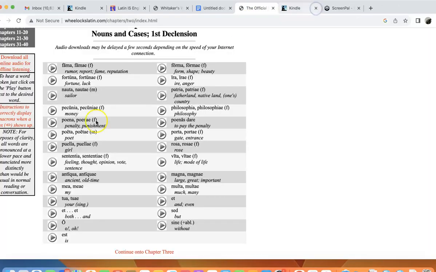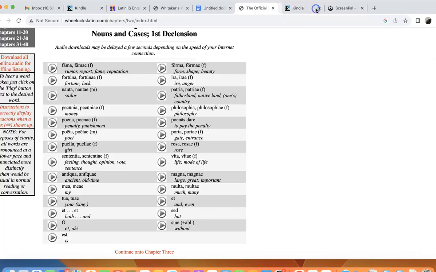But here, fama, famae. So again, he's going a little bit slower, just to give you a sense of that. But this might be a good way right here. So let's do one of the words we had here. You'll see this is a little bit longer. Poeta, poetae. Let's see another one.